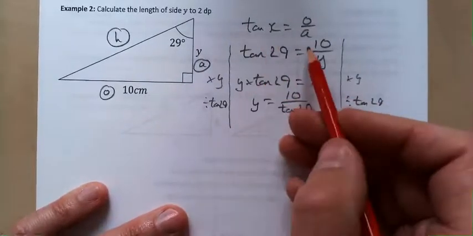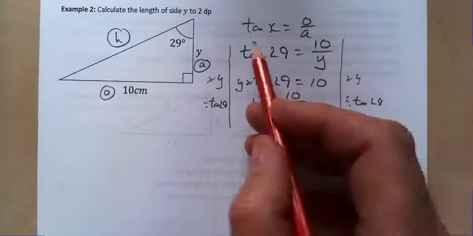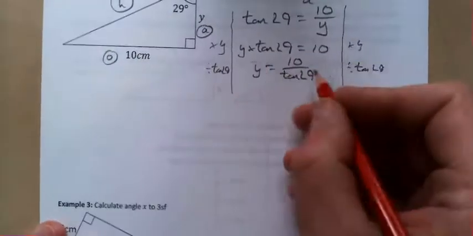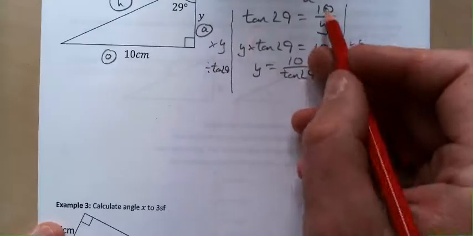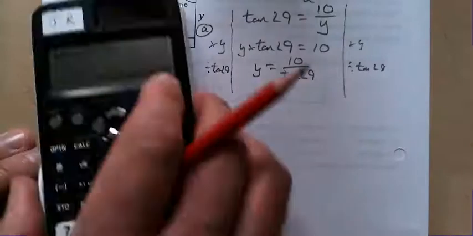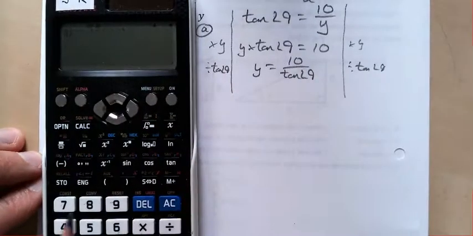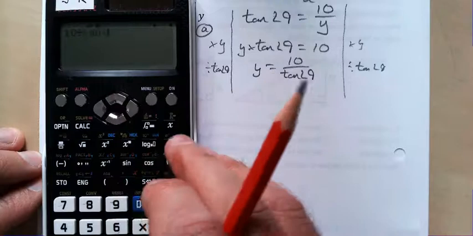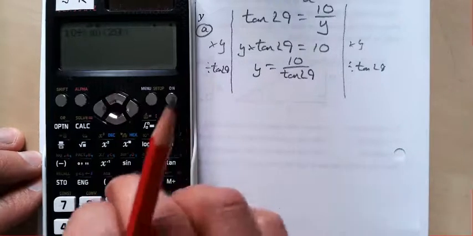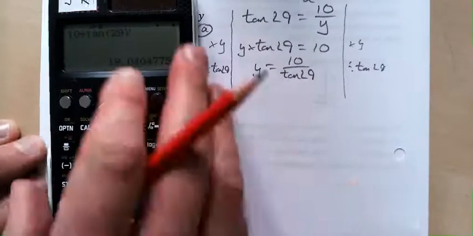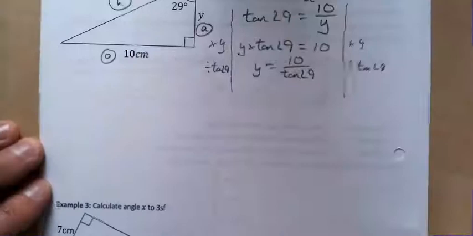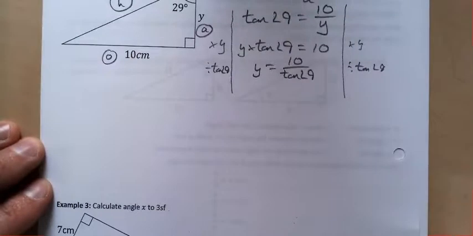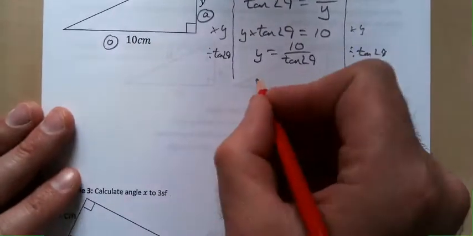Just be careful, it's a bit like your distance, speed, time triangles from physics. But be careful you don't write this as 10 times tan 29, because that's going to give you the wrong answer. So we're going to go for 10 divided by tan 29, and that gives us 18.04. Yeah, I think that's right.